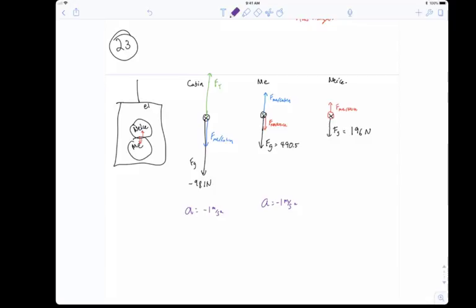And the acceleration of my niece is minus 1 meter per second squared. And that means the net force on the cabin is going to be m times a, minus 100 newtons. The net force on me is going to be minus 50 newtons. And F net on my niece is going to be minus 20 newtons.